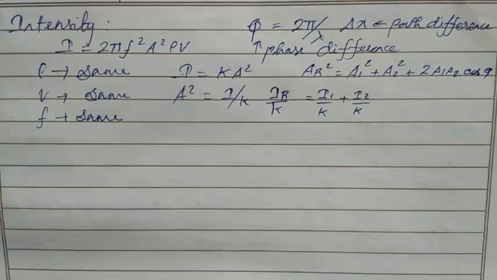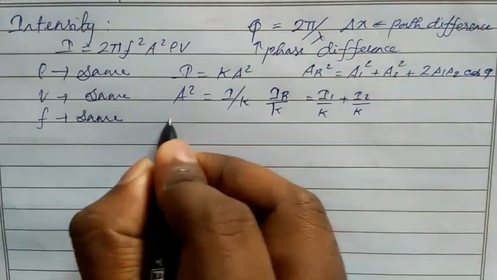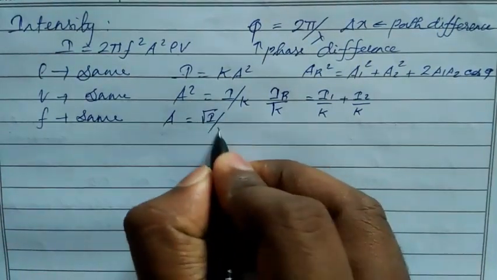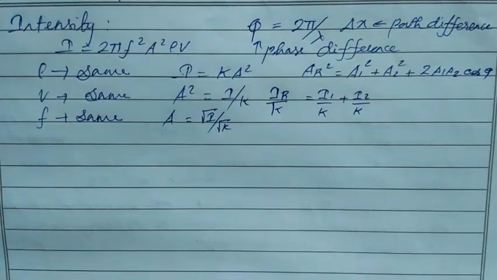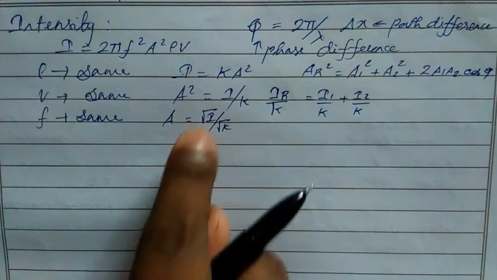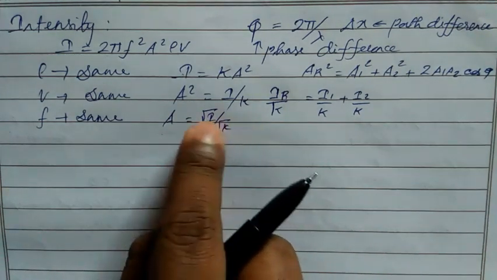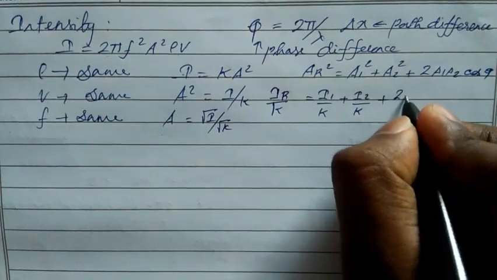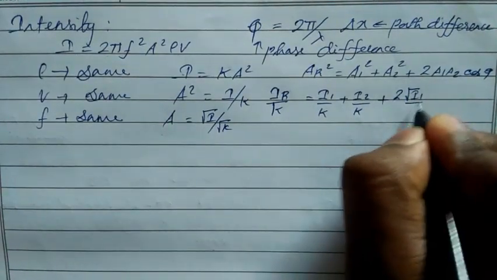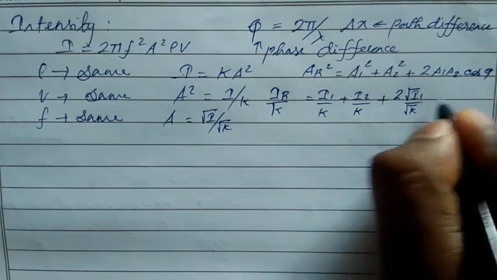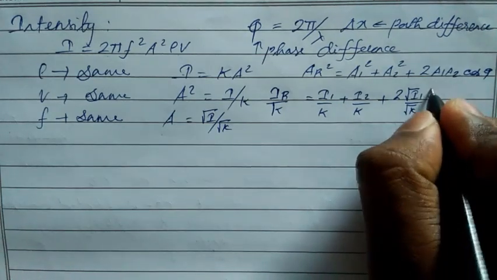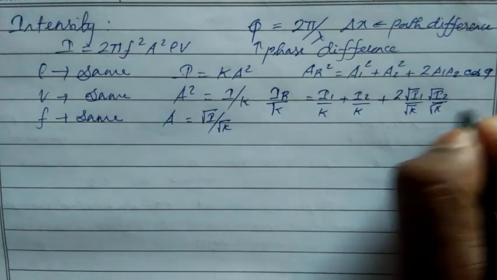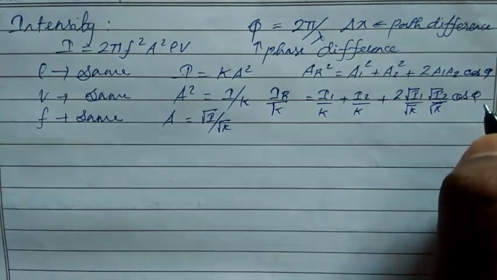We can take the value of A from this equation, A equal to root of I divided by root of k. So A1 is root of I1 divided by root k, A2 is root of I2 divided by root k. We can write plus 2 times root of I1 divided by root k, times root of I2 divided by root k, then cos phi.